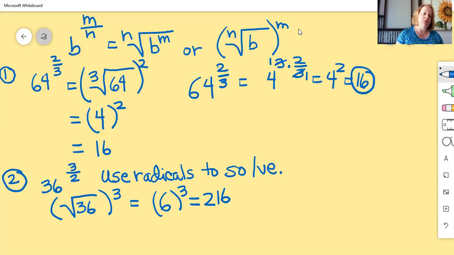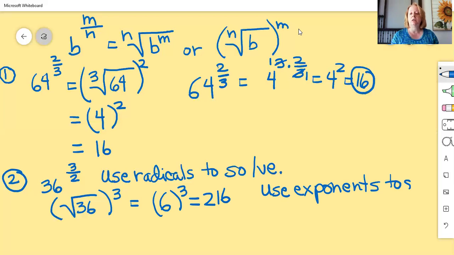So here we used radicals. We changed it to radical form first. Okay, so let's do another set of directions that say use exponents to solve. So we're going to write that a little bit different.